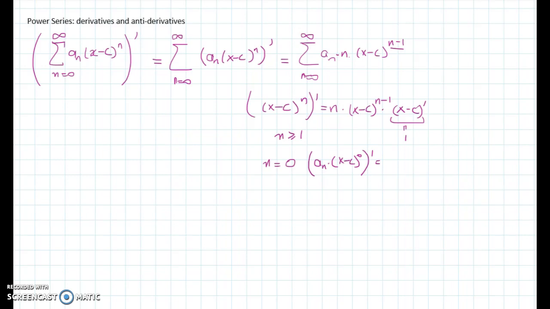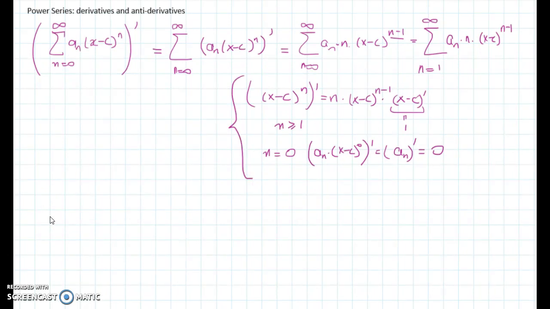So we're just taking the derivative of a_n, which is 0. So we have no term for n equals 0. So we can write this as the sum from n equals 1 to infinity of a_n times n times (x - c) to the power of n minus 1.